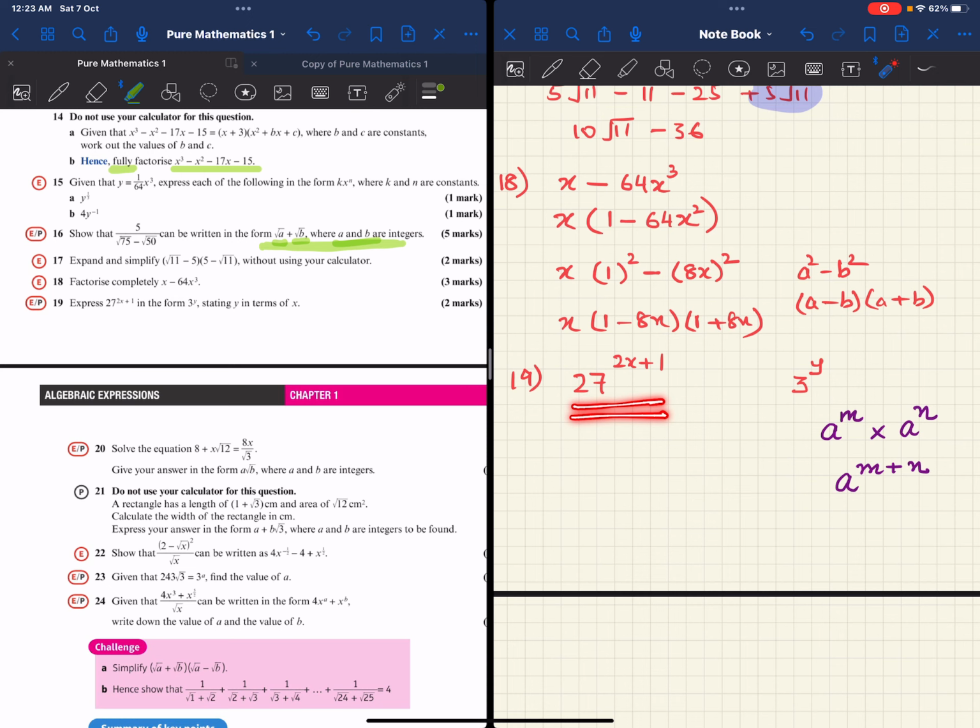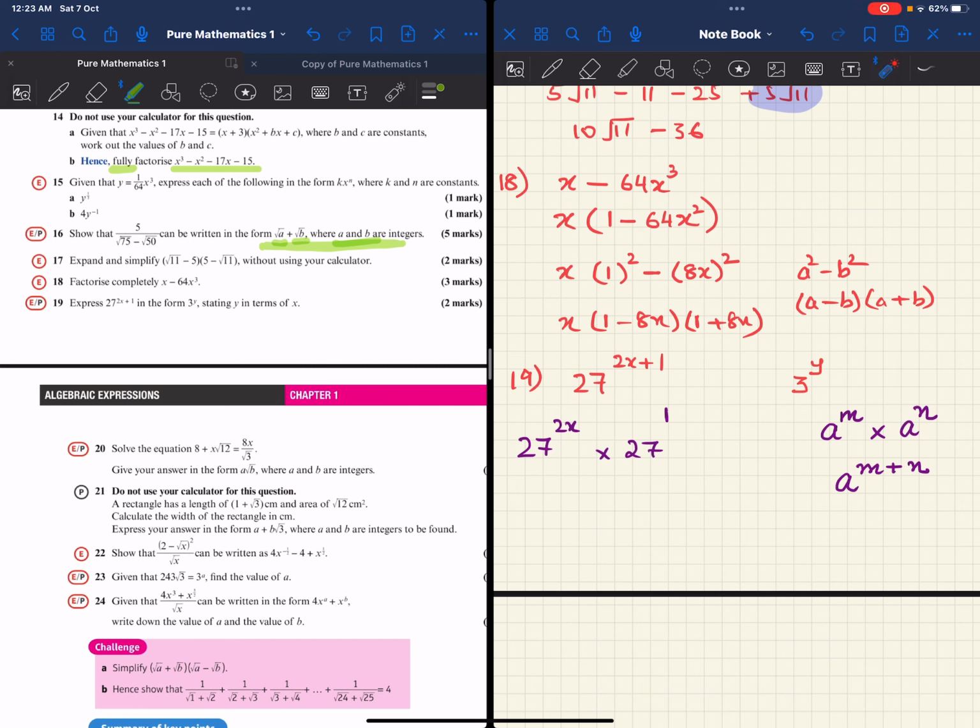So I've been given 27 to the power of 2x plus 1, which is in this format. So I can break it up and write it in this format. So this can be written as 27 to the power of 2x multiplied by 27 to the power of 1.